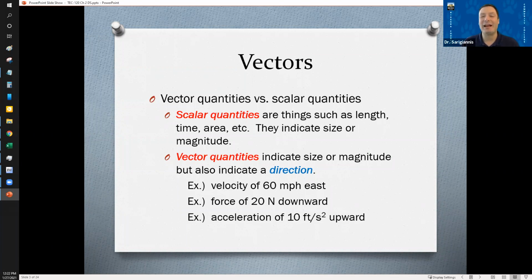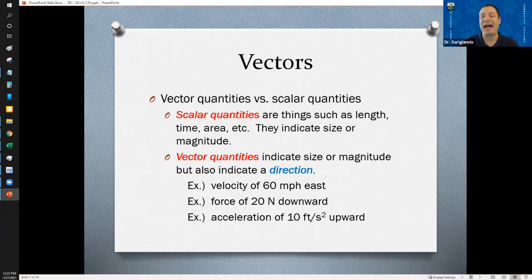Area, if I give you the area of something, there's no direction on that. I don't say I've got 100 square acres of land to the left, right? It's just, I have 100 square acres of land. You can give a location, but you don't need to have a direction, right? I guess you could say I have 100 acres of land northeast. Maybe this is a bad idea.